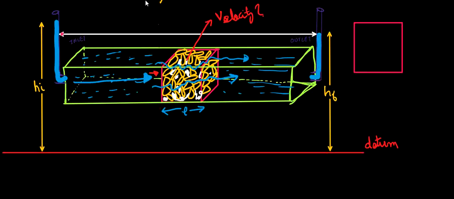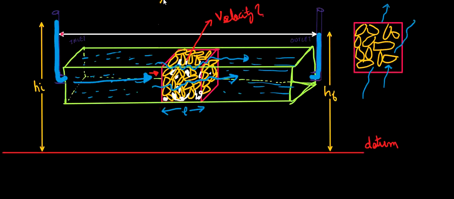This is my boundary, these are my soil particles, these are my solid particles, and water will be trying to permeate or penetrate in a direction perpendicular to the plane of my board.